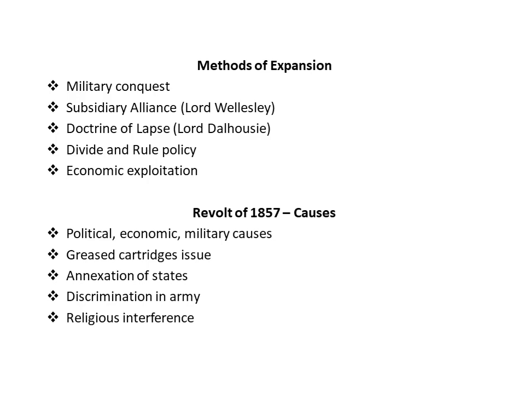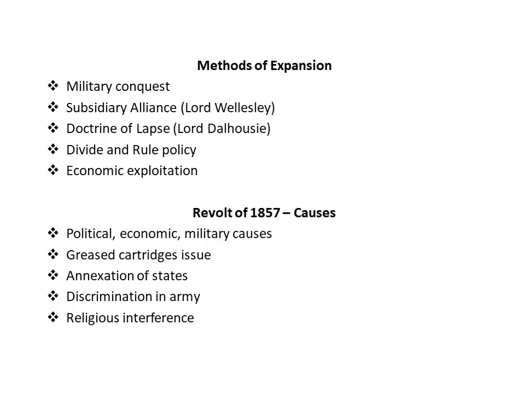And third, there is Lord Dalhousie's doctrine of lapse, through which states like Jhansi were annexed. According to the doctrine of lapse, if a ruler died without a natural heir, his kingdom would be taken over by the British.